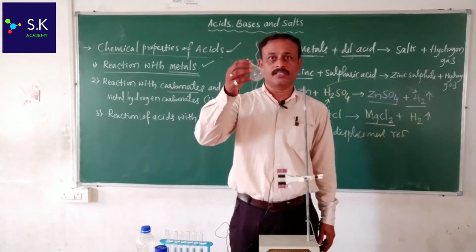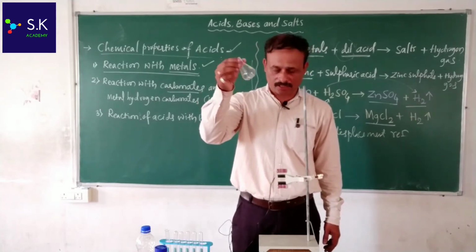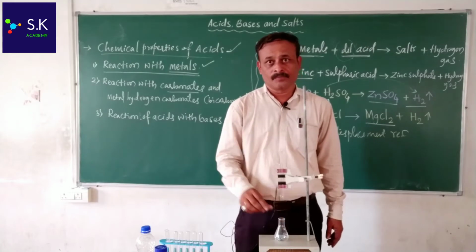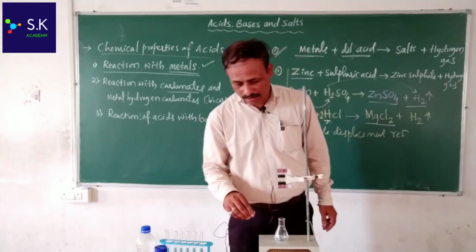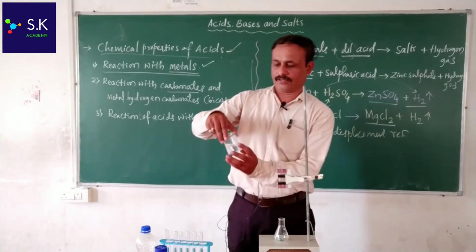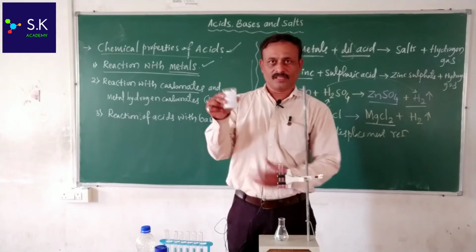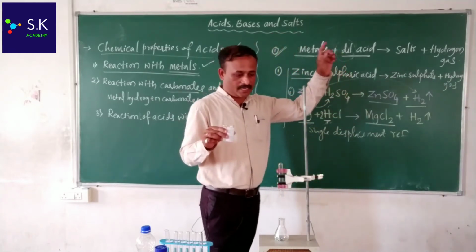I have taken zinc granules in this small conical flask, and I have taken a test tube which I kept inverted, and to this I am going to add sulfuric acid. I have sulfuric acid here. When I add sulfuric acid, what will happen? It forms zinc sulfate and hydrogen gas.